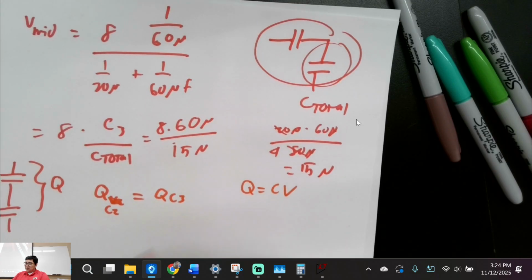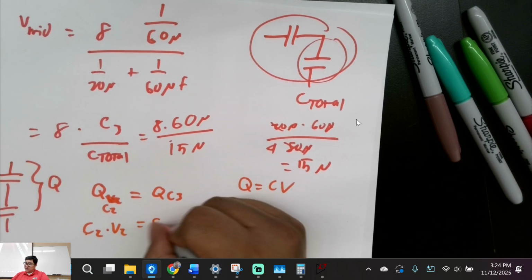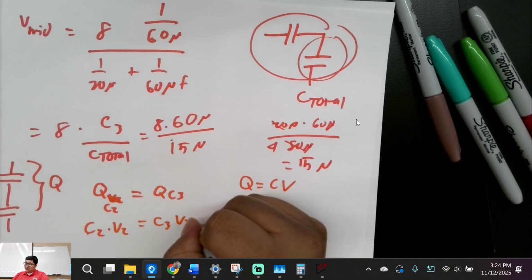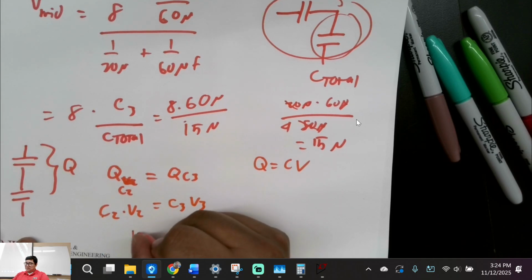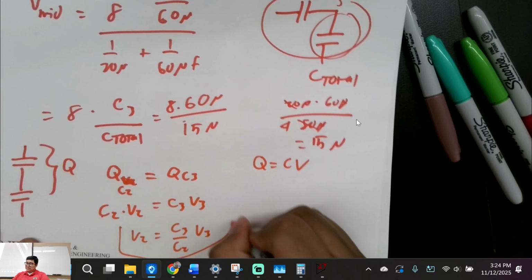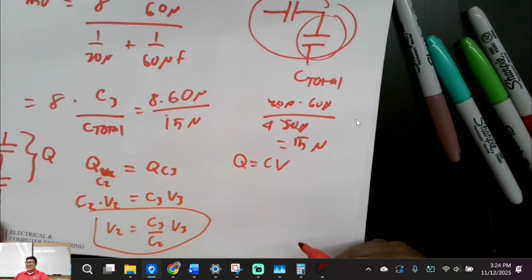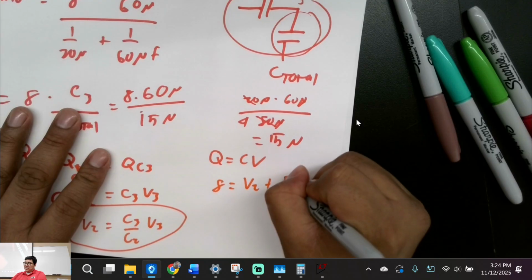So if I were to do C2 times V2 is equal to C3 times V3. Now I just have to solve for one or the other. Let's just do V2 is equal to C3 over C2 times V3. Remember that 8 volts is equal to V2 plus V3.